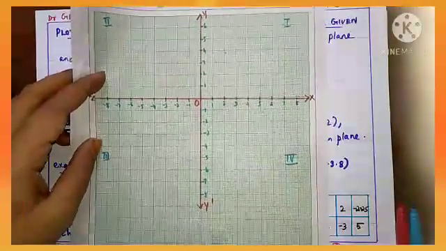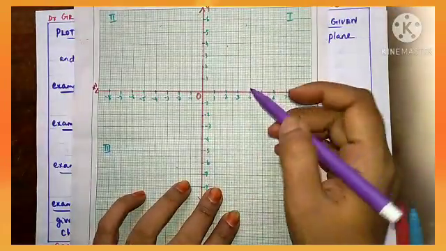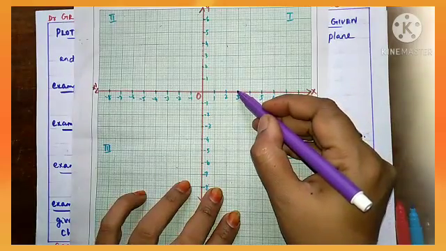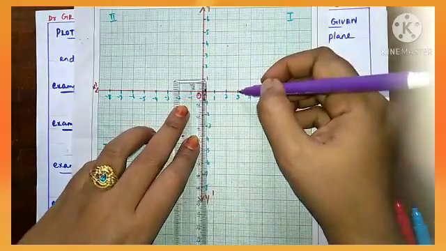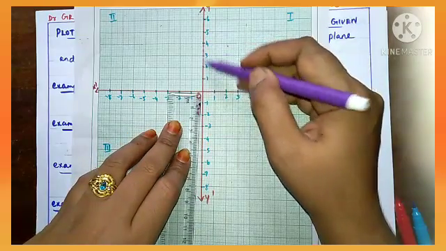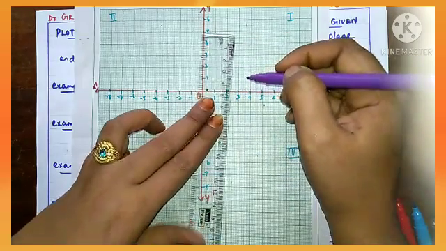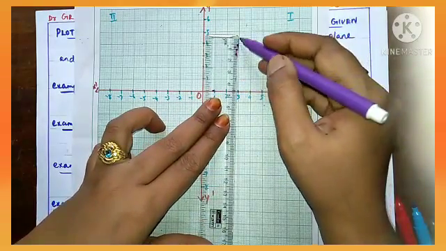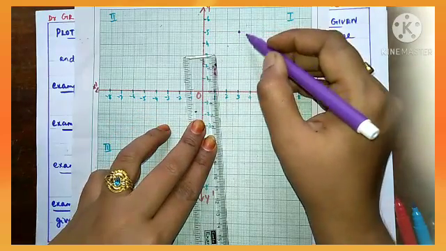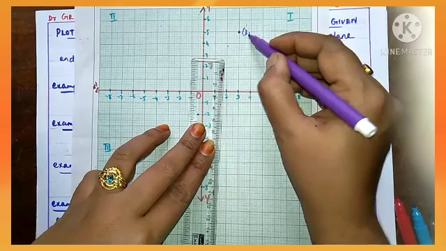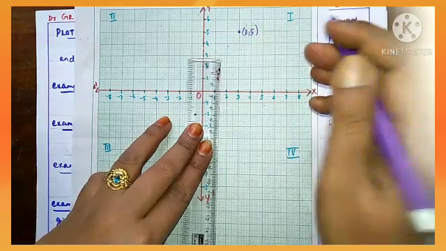So x coordinate is 3 and y is 5. So positive y, you want to see in this. So 3 and 5, the meeting place is here.